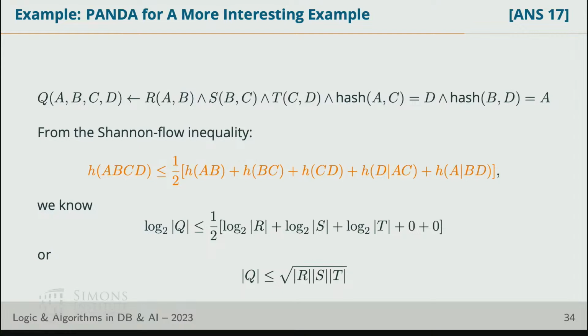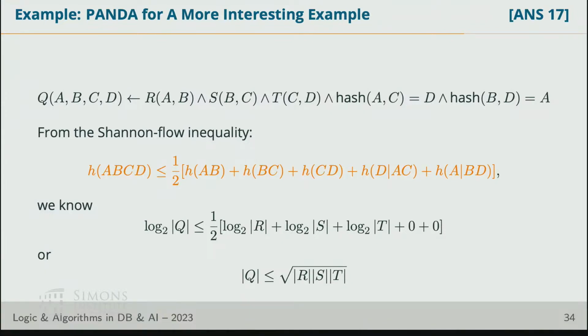So you can put in 0 here and 0 here. So you know that the query size is bounded by square root of R, S and T, from this Shannon flow inequality. So now let's try to come up with an algorithm that will answer this query in this time.